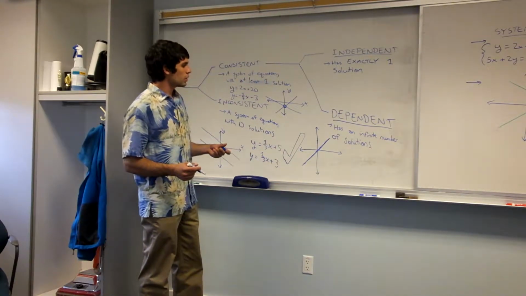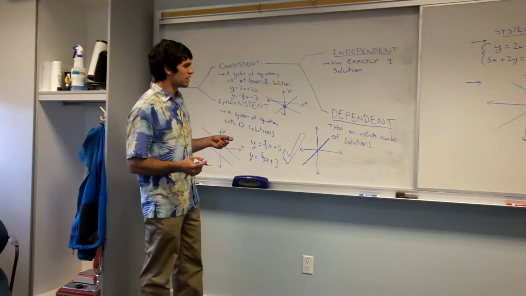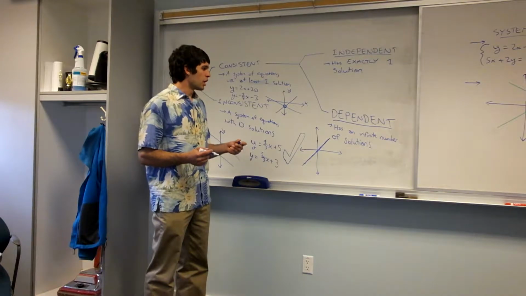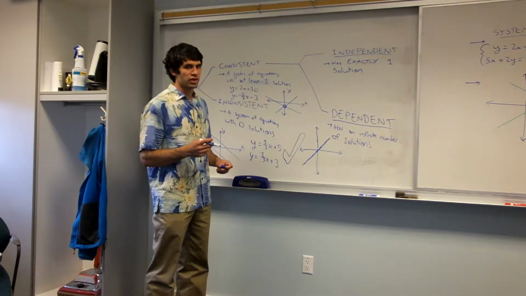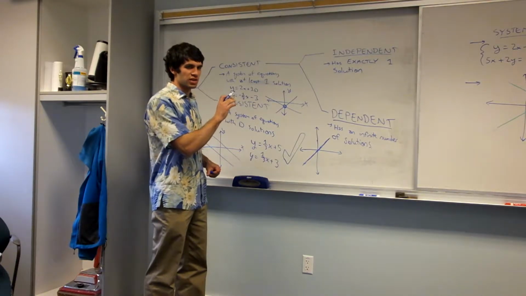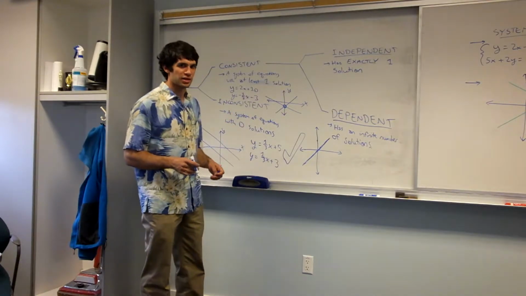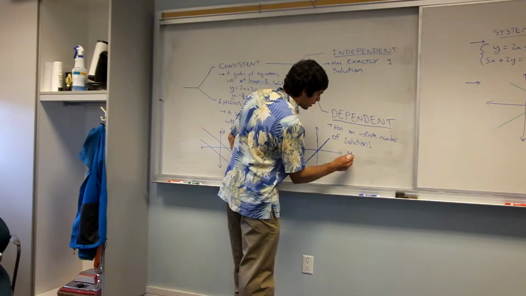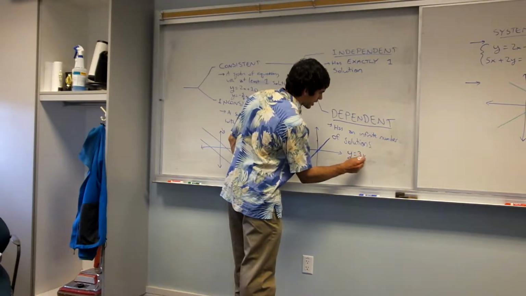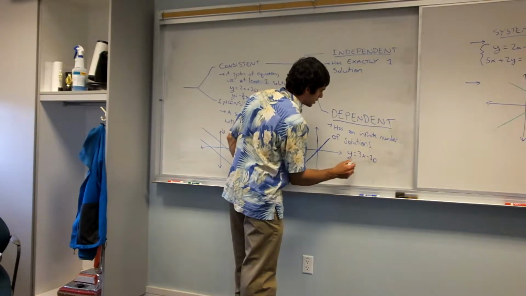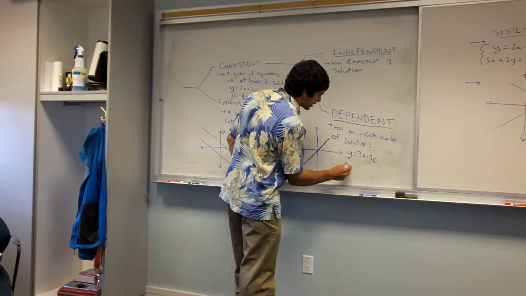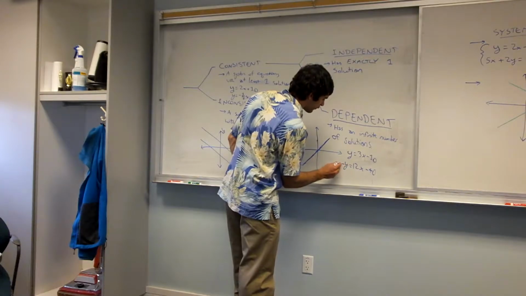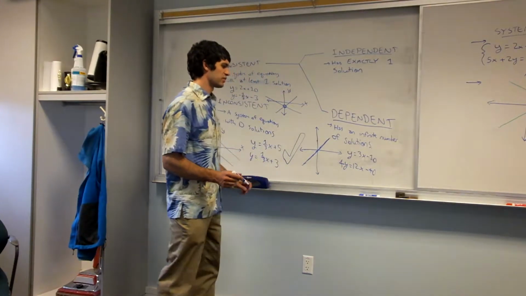Where this gets a little bit tricky is when we want to figure out if a system of equations represented just with the equations of the lines is dependent. An example would be y is equal to 3x minus 10, and then say 4y is equal to 12x minus 40.